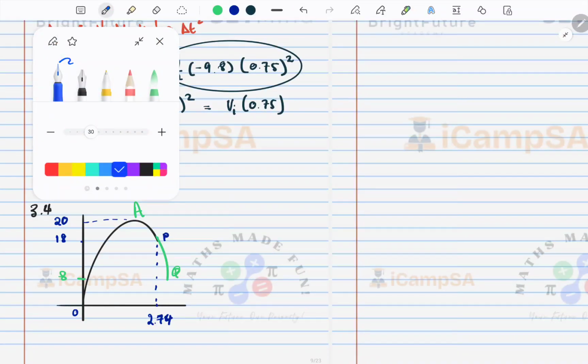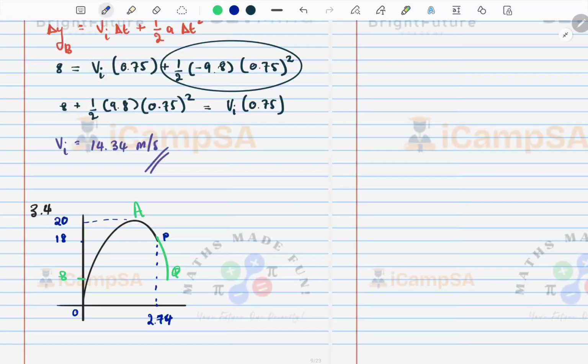Then for ball B, we start moving from this point here because it was projected when ball A was at P. And then we just move until it converges at the same point, because it's going to be the same time when they reach here.